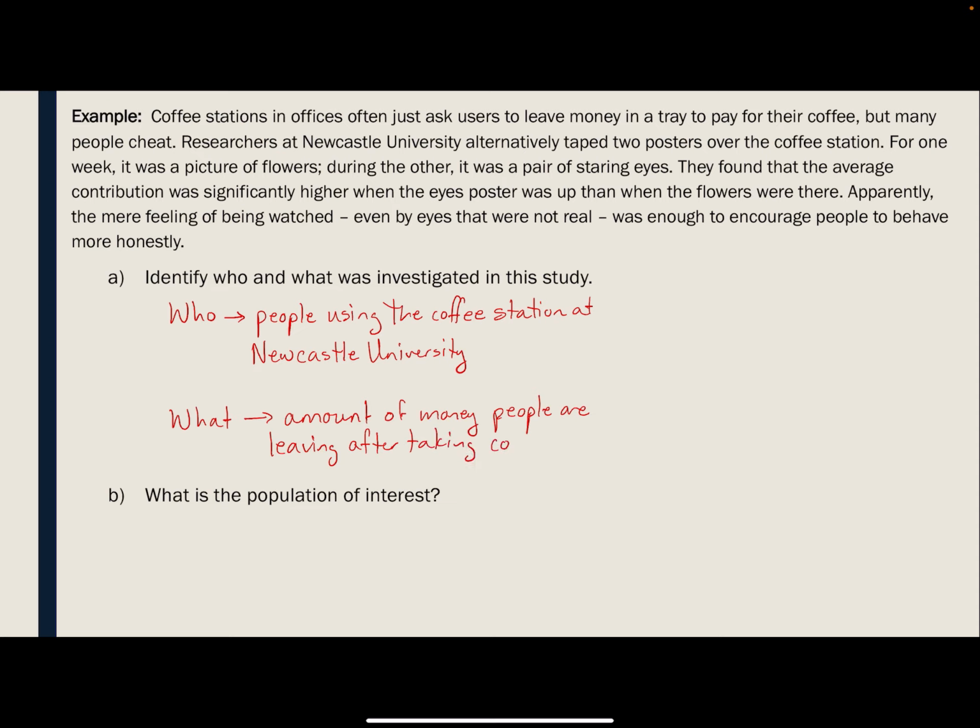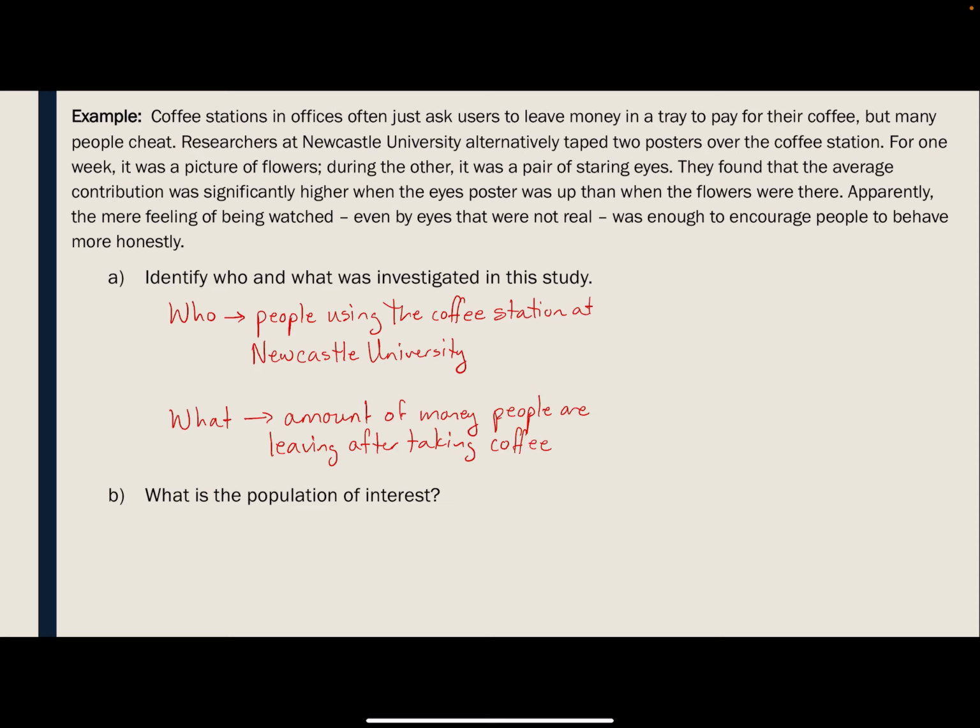And this is on the honor system. So they totaled up the amount of money when there was a picture of flowers, and they compared that to the total amount of money when there was a picture of staring eyes.